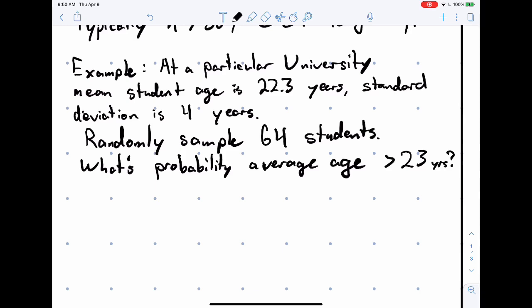And then ask, what's the probability that the average age in this sample is greater than 23 years? So here's how you solve this.